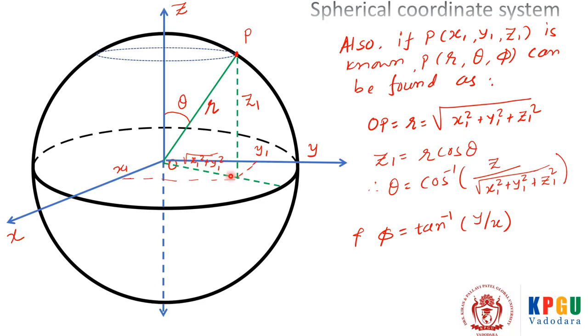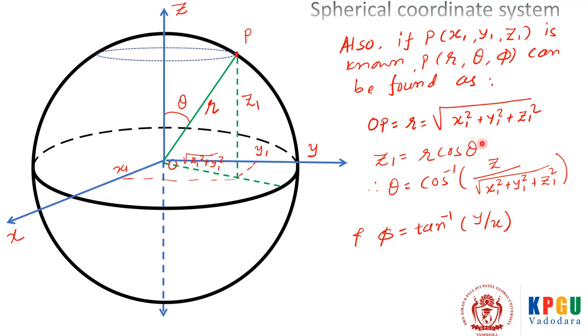So this line is going to be square root of x1 square plus y1 square. And this distance is already known. It is the z1 distance along the z-axis. So r is going to be the square root of this square plus this square. So using Pythagoras, the r distance from x1, y1, z1 is nothing but square root of x1 square plus y1 square plus z1 square.